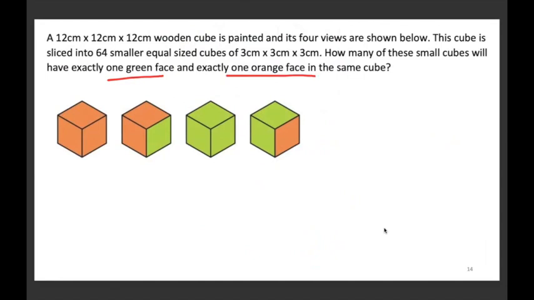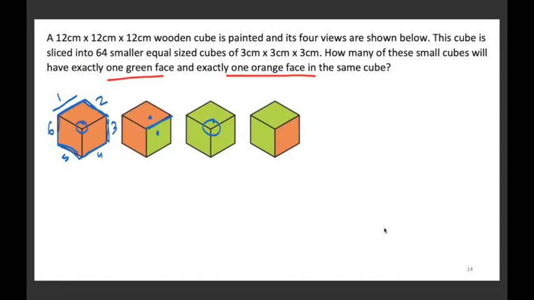Okay, we are looking for cubes with exactly one green and one orange face. If you look at the cube, it has three orange faces and three green faces, which means that the cubes along all these 6 edges will have exactly one green and one orange face, like how we see this edge has one orange and one green.